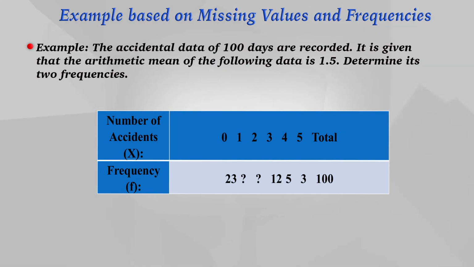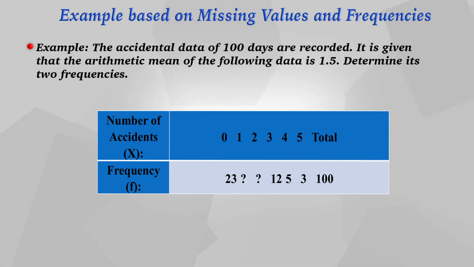So, we have seen over here an example with one missing frequency. In the next example, we may face a problem where two of the frequencies are missing, and the total of all the frequencies is given and the average value, that is the arithmetic mean, may be given.